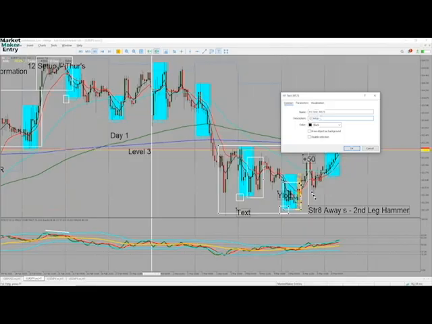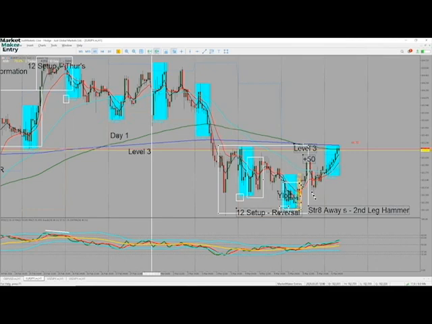So another interesting thing here would be, okay, a 12 setup. Okay, so it's a reversal. It's not an anchor. Yeah, it's a reversal of this.